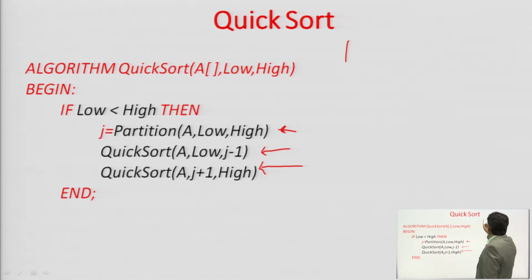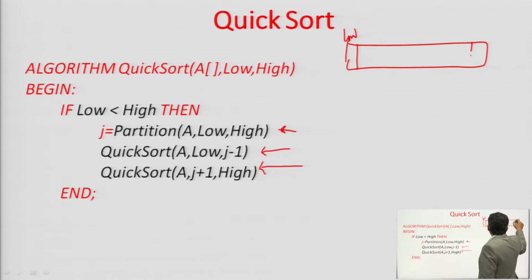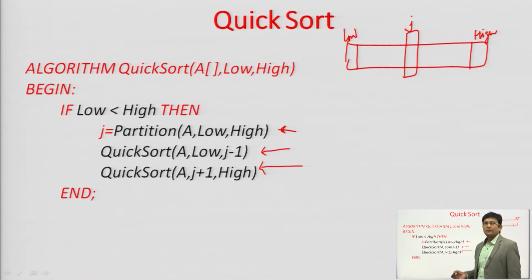For example, if this is the array given to us, wherein index low is defined here and index high is defined here, you perform the partition and you get an index j. The position of the jth element has got fixed in the sorted array. So, you remain with two parts, one on the left and one on the right.